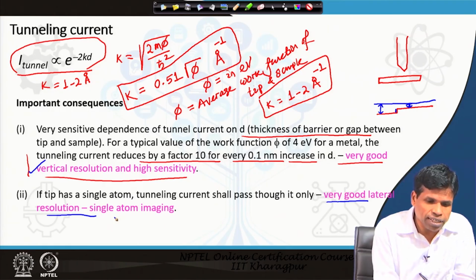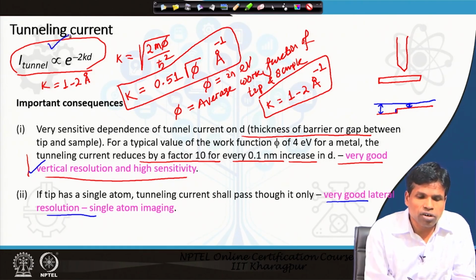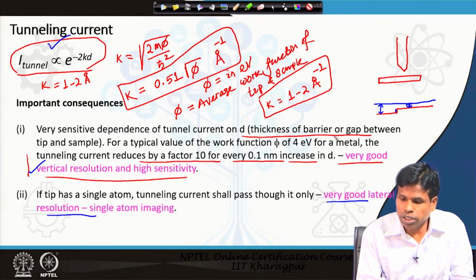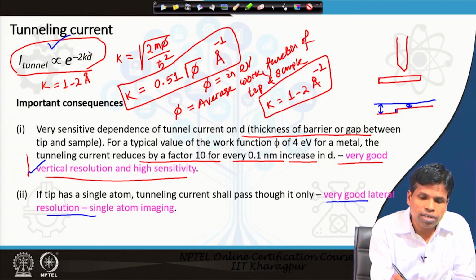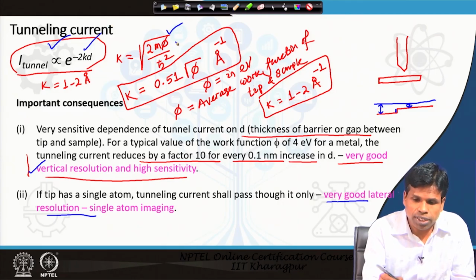So, this is the advantage of scanning tunneling microscopy by measuring the tunneling current. It is important to know that the tunneling current varies exponentially with the barrier distance and also depends on the work function of the material, because k is in turn related to the work function.